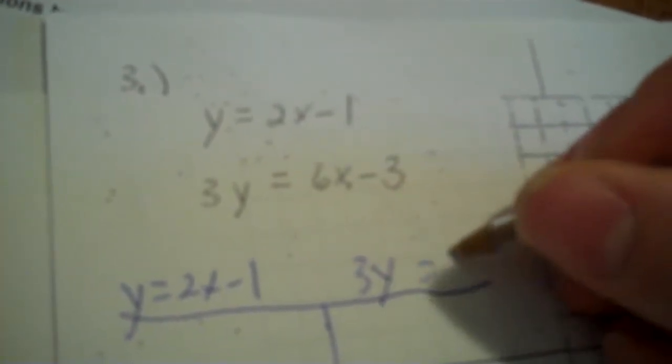Okay, then the last graphing problem we have. Y equals 2x minus 1. And 3y equals 6x minus 3. So I make my table. I put y equals 2x minus 1 there. 3y equals 6x minus 3 there.